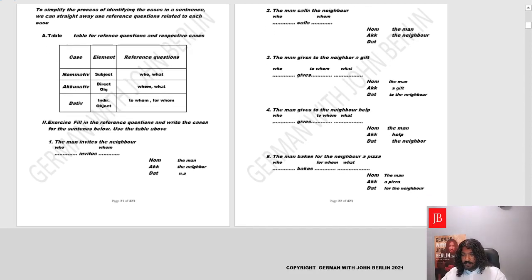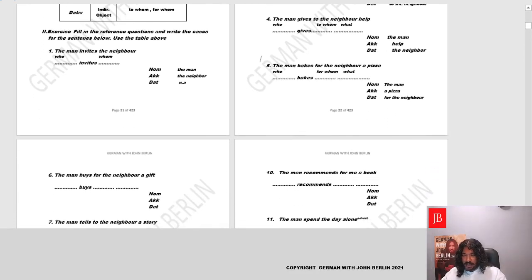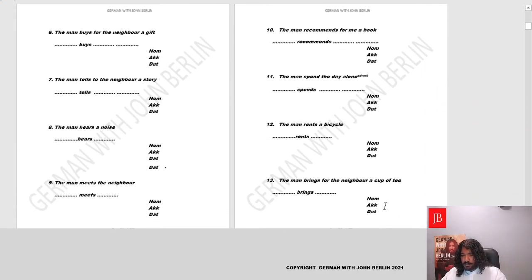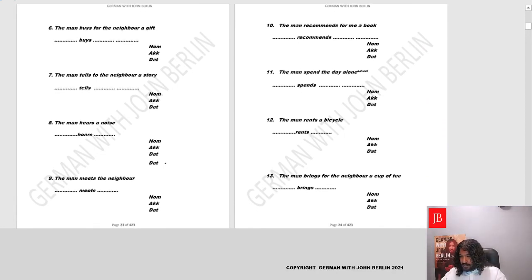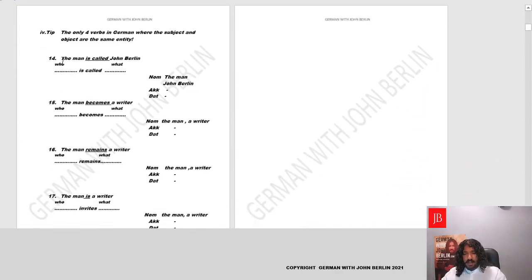Now the rest I would recommend you try and do in the exercise book and refer to the answers in the answer book. And I'll discuss some important verbs with you until then. Now, the man is called John Berlin. Here the question is, who is called what? We might think who is nominative and what is accusative.